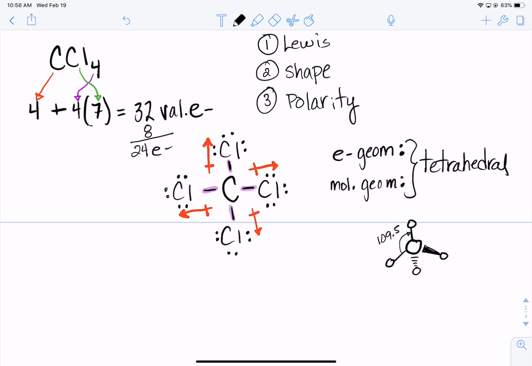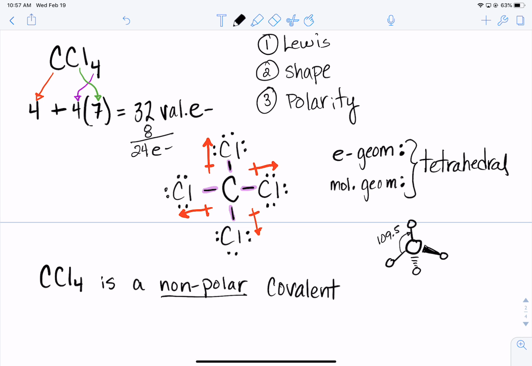Because of that, we can say that carbon tetrachloride is a nonpolar covalent, of course, because it's shared electrons.